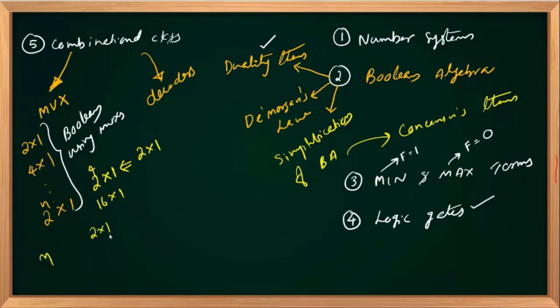Or we will answer the question, how many 2 by 1 muxes are required to implement an n-variable Boolean function. The second important topic under combinational circuits is decoders.